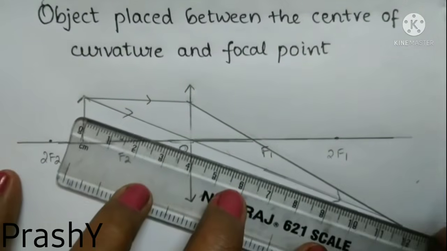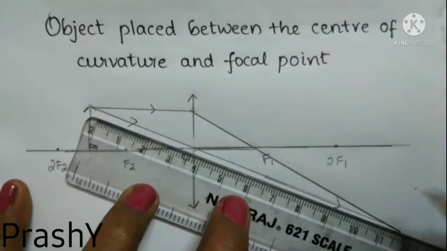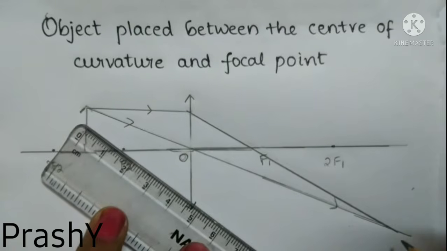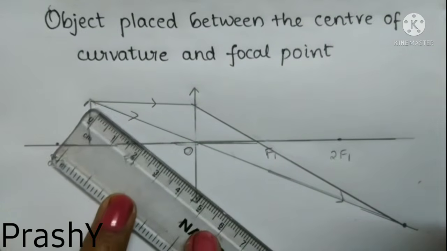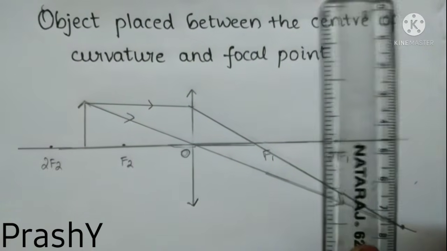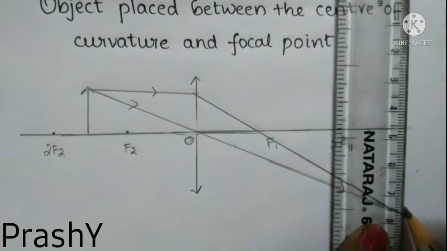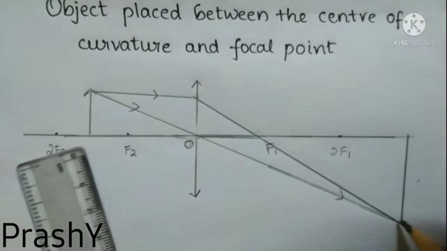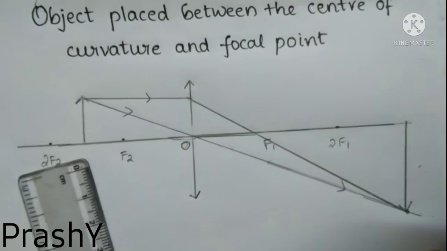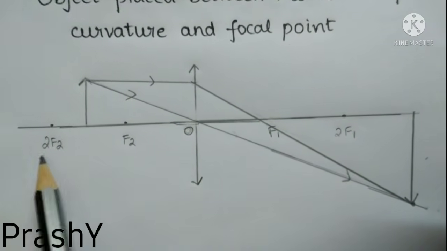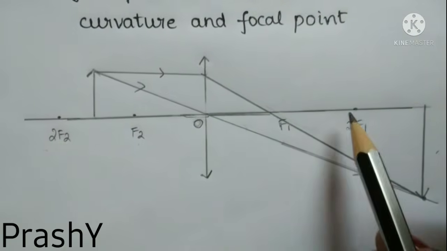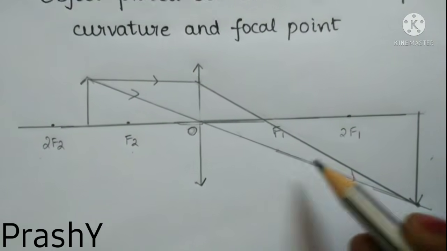Now if I extend these two rays, they are meeting at a point. So at this point I'll get the image. So I am drawing a normal to the principal axis. So this is my image. So when the object is placed between 2F2 and F2, I got the image beyond 2F1.